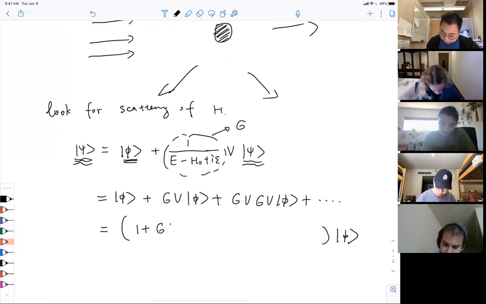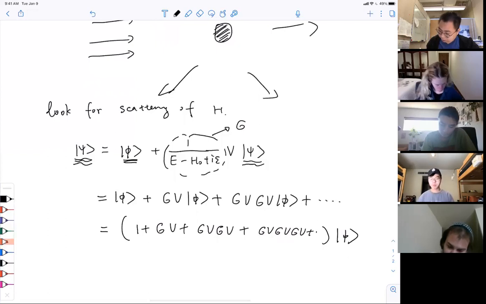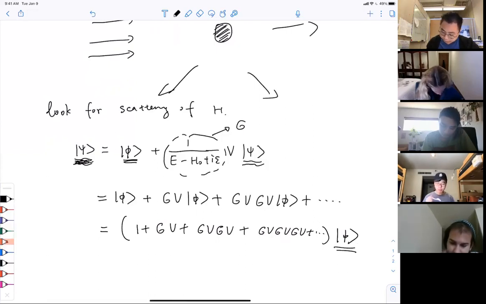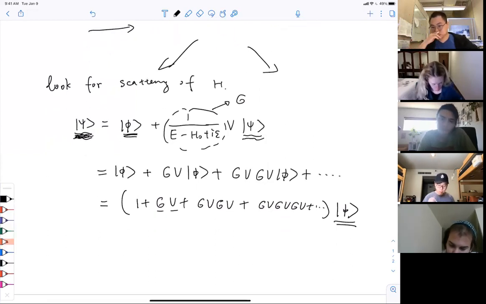So it's 1 plus G V plus G V G V and so on. In principle, you can solve for the scattering state in terms of the incoming wave, the Green's function and the scattering potential.